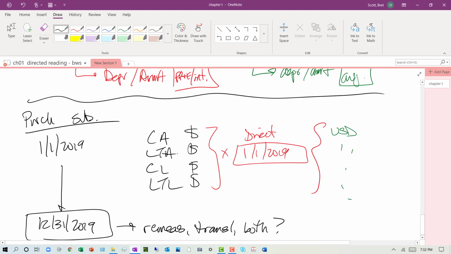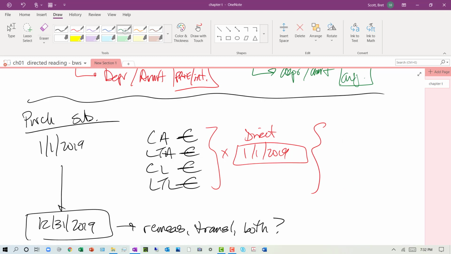So starting off, when we buy something, what's the date we buy it? Use that direct rate and multiply all the amounts in their currencies. I should use a different label here. This is the euro. It looks like a weird E, like a cent sign, but they're euros. We're going to translate each of these into dollar amounts, simply using that one spot rate as of that time.